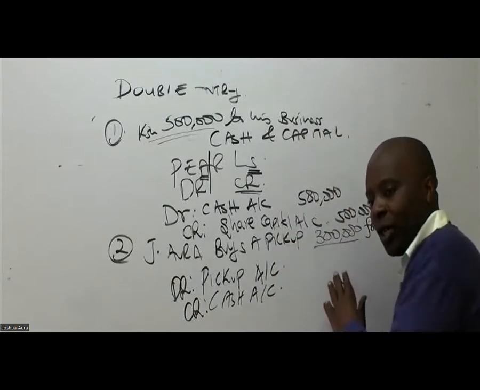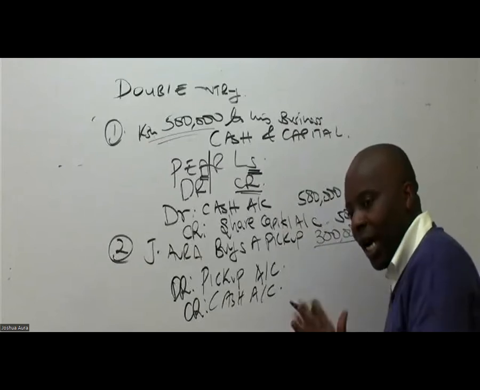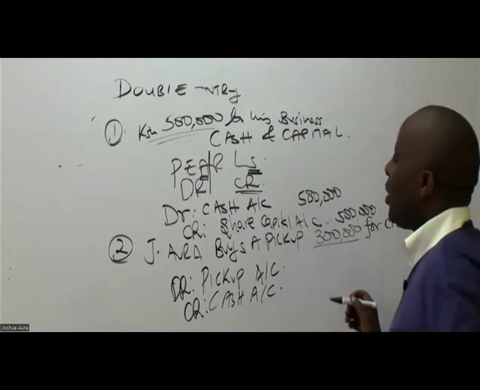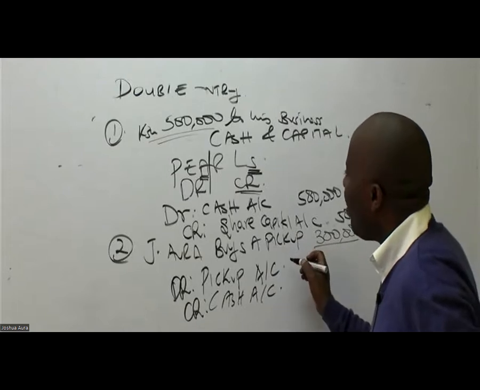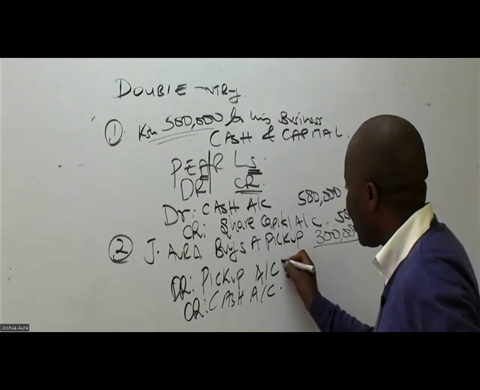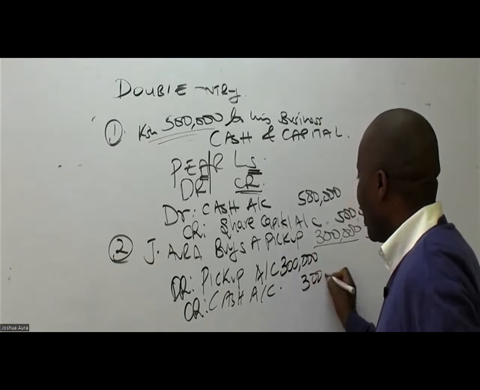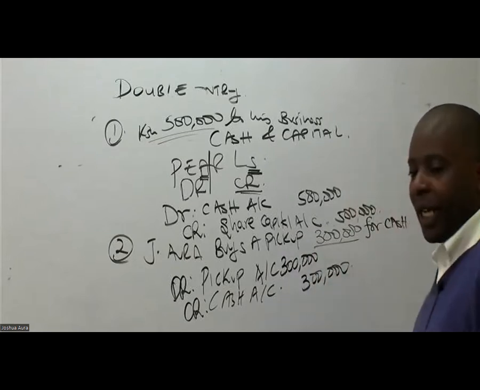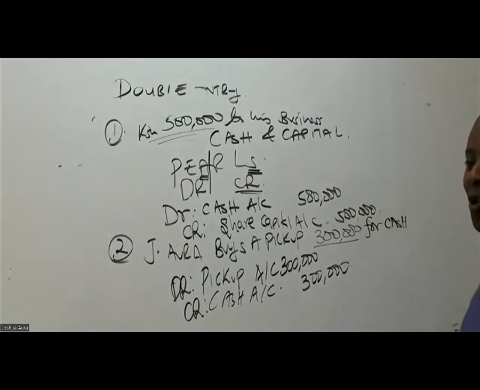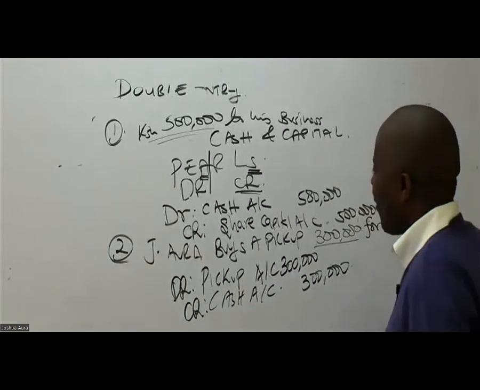It's cash out. So when it's cash in, I debit. Cash out, I credit. How much are we talking about here? Pickup is 300,000. And the cash, of course, is what here, somebody? Is 300,000, like that.